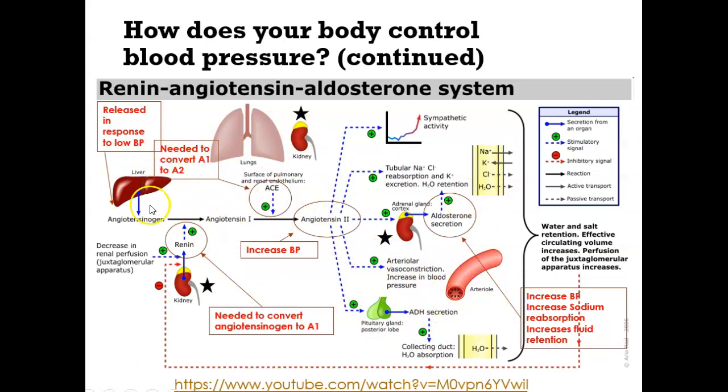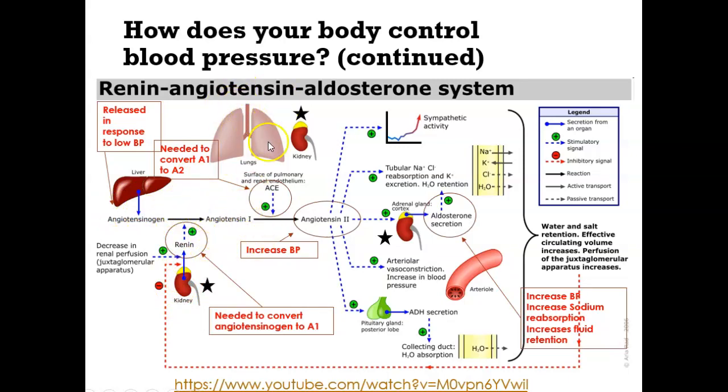But what this is basically talking about in a nutshell, and I'm not going to explain it nearly as clearly, this video does a better job. Our liver produces a hormone called angiotensinogen, and that is going to be converted to angiotensin-1 when it combines with renin from the kidneys. So renin from the kidneys comes out, the two of them come together, make angiotensin-1.